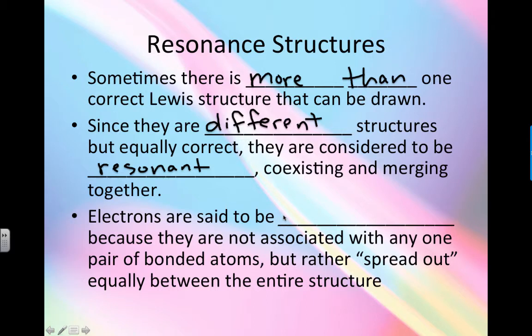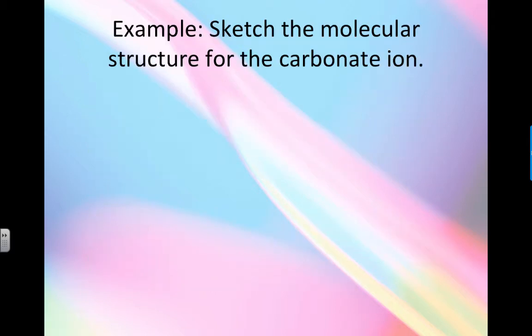And since the electrons don't belong to one particular bond, they're referred to as delocalized electrons because they're sort of spread out equally between the entire structure. So if we were trying to sketch the carbonate ion, we would have to use resonant structures.